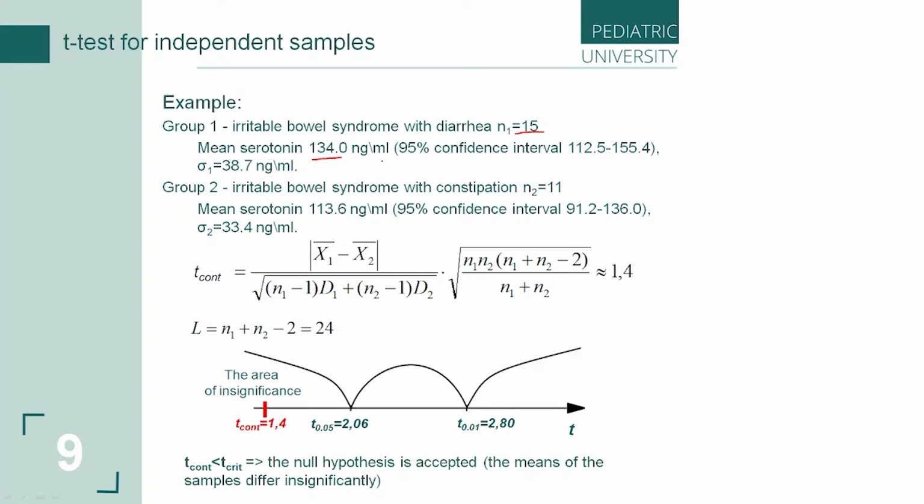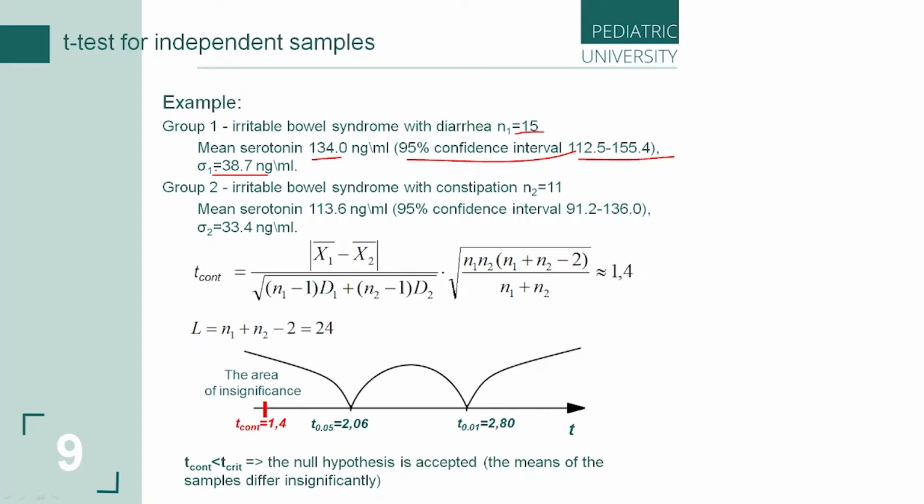So, the 95% confidence interval and standard deviation are given. We went over how to calculate all this in the last lecture. It's simple statistics, and we won't repeat it here.